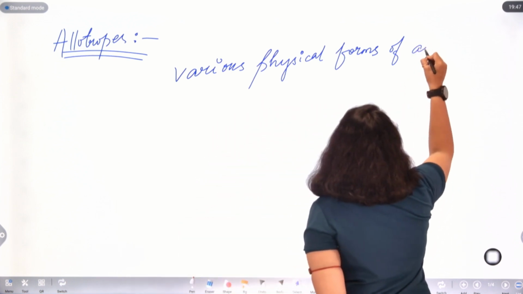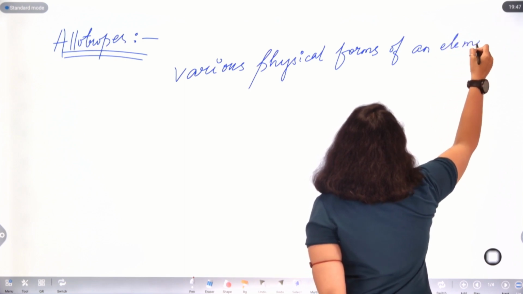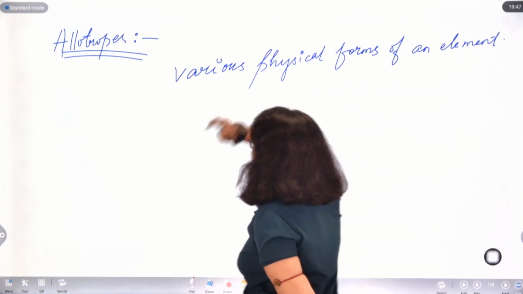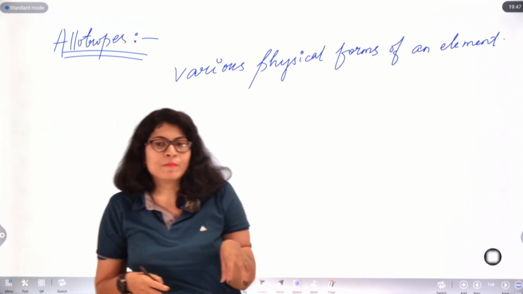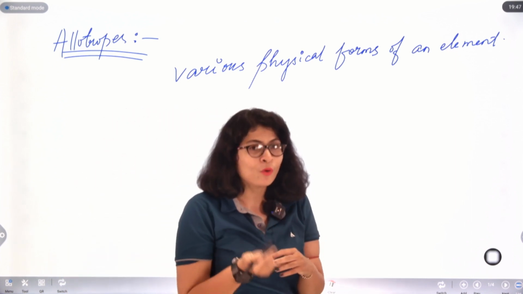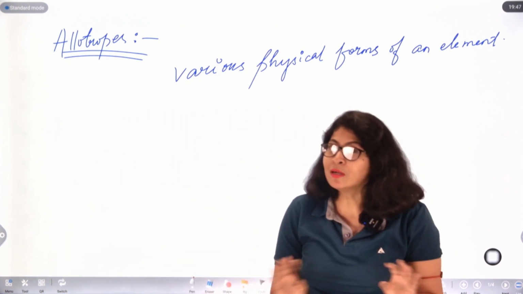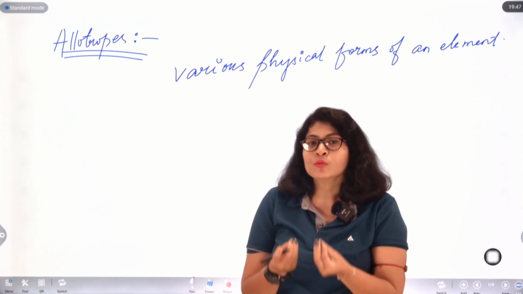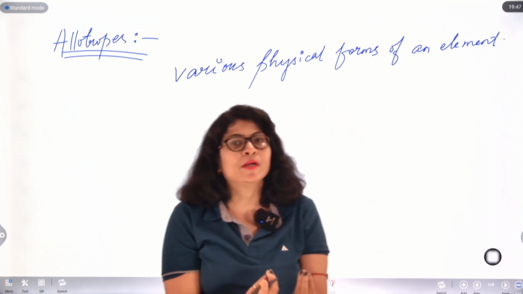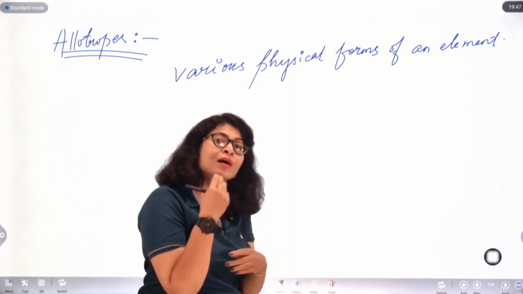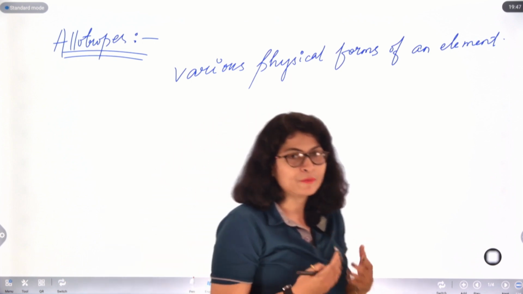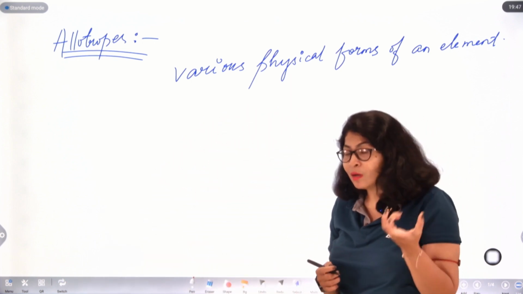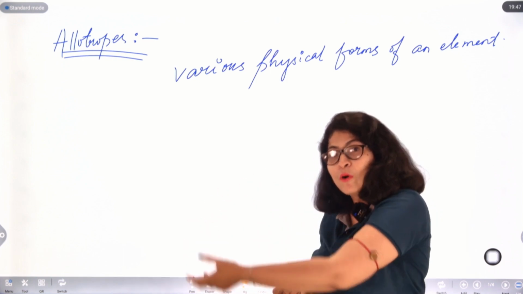If one particular element can exist in a variety of forms physically, with no chemical difference between them, if we go to the grassroots level, it is the same element, but the form or the arrangement of atoms in them is different.